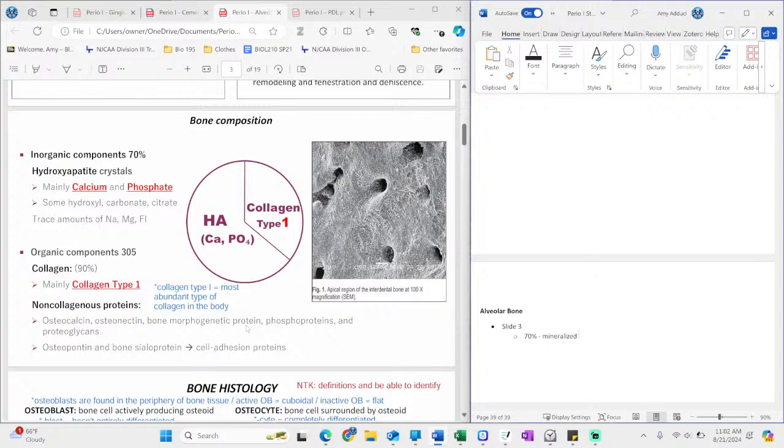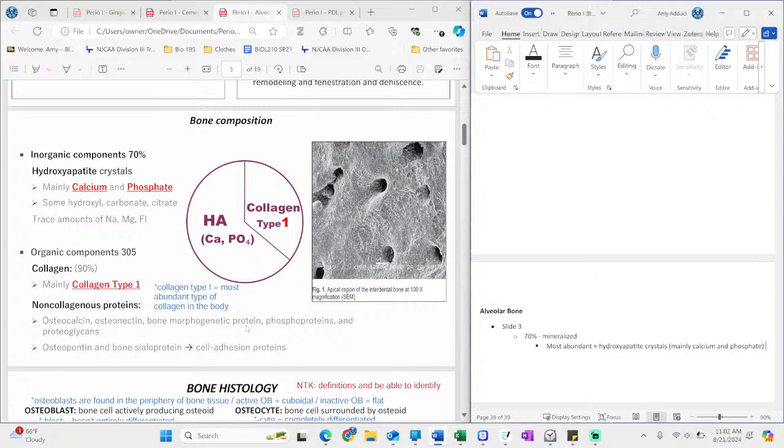The most abundant component is the hydroxyapatite crystals, which mostly depend on calcium and phosphate. We may find a few other elements involved, like sodium, magnesium, manganese, but the most abundant is calcium. That's why we say that bone is the storage for calcium in the body.